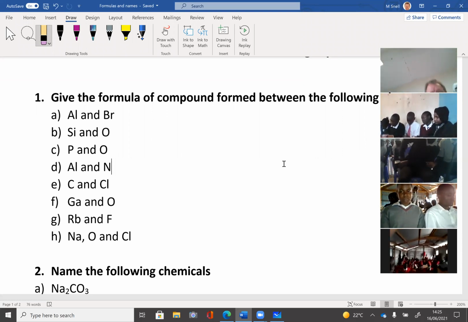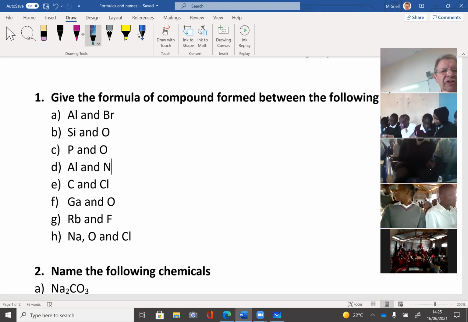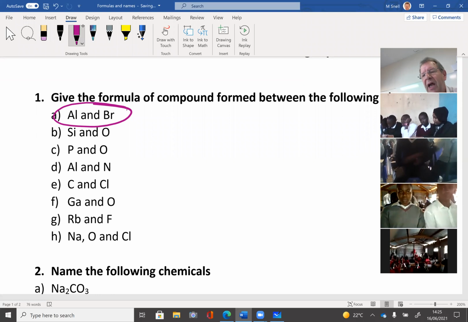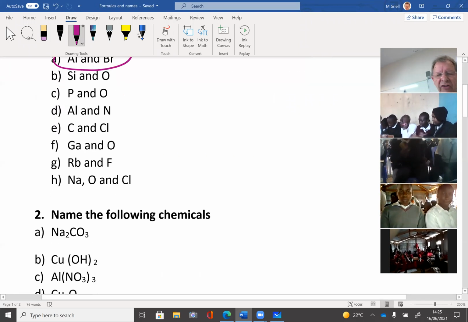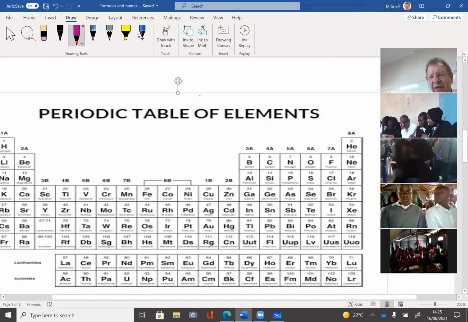Okay, so I'm going to do the first one, and I'm going to do it like this. If I want to work out Al and Br, I need to know some things about Al and Br. If you have this sheet, further down, we have a periodic table of the elements.